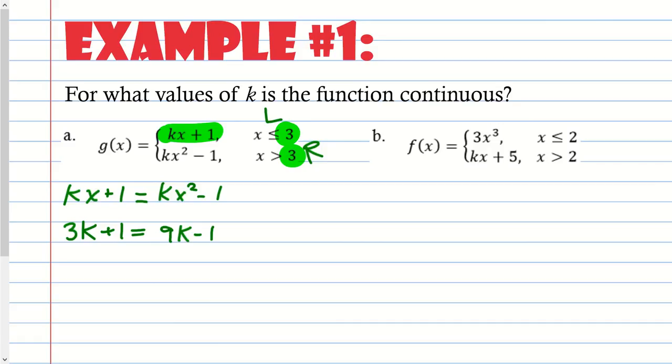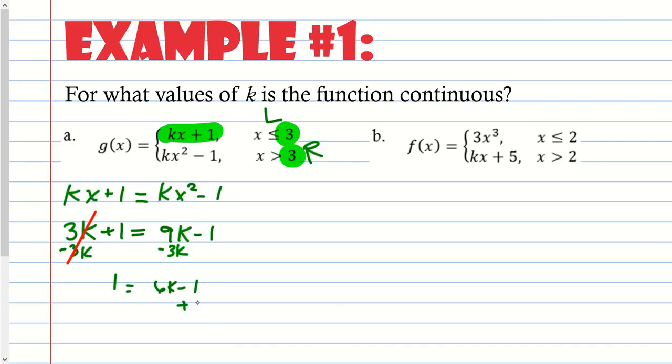So what do we have? We have a simple algebraic equation with a variable that we can ideally solve for. I'll subtract the 3k from both sides, and that goes bye-bye. Now I have 1 equals 6k minus 1.